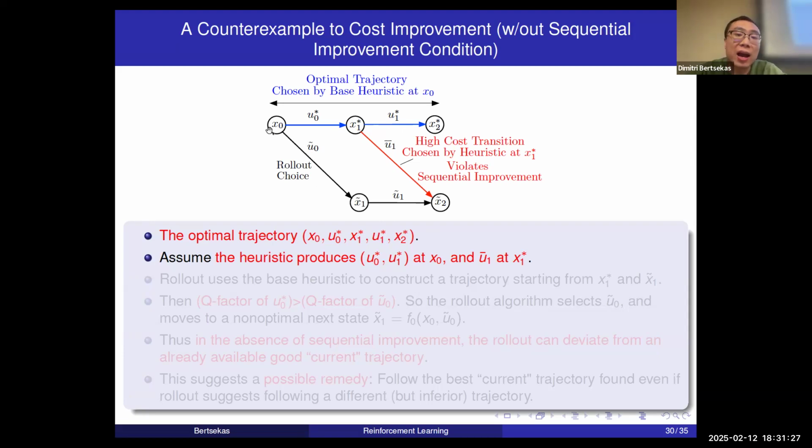And then at x0, if we apply rollout, we look at both candidate choices u1 star and u1 tilde and evaluate the Q factor corresponding to this control and this control. For this control, the Q factor is going to correspond to this path, which is larger than the cost of this path. As a result, the rollout is going to select U0 tilde rather than U0 star as the first control.